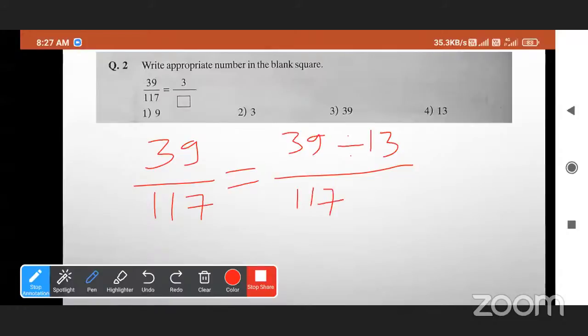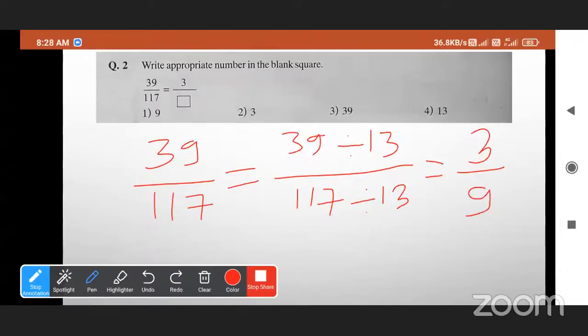Have you learned the table of 13? Yes. Okay, now tell me the table of 13. 13 1s are 13, 13 2s are 26, 13 3s are 39, 13 4s are... Okay, 13 9s are 117.